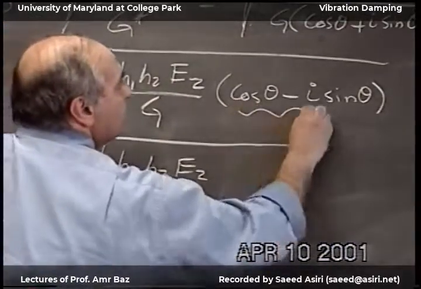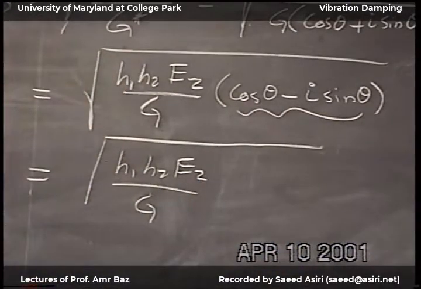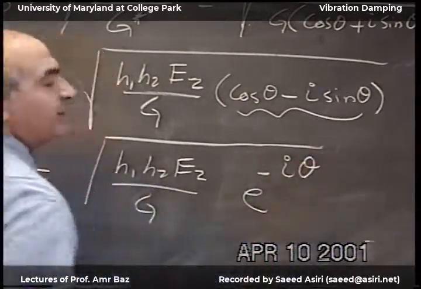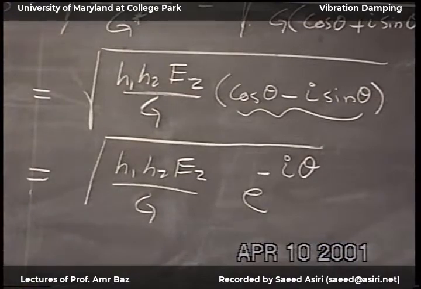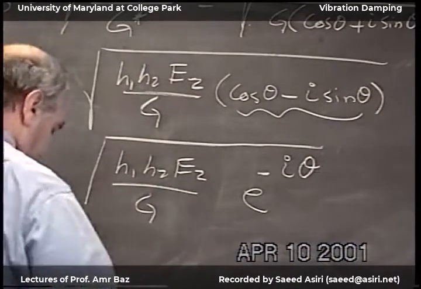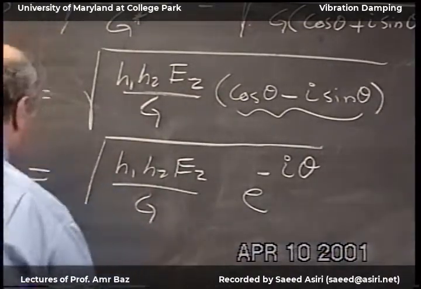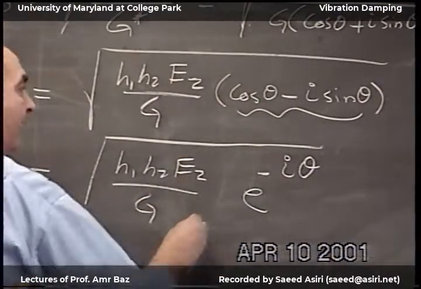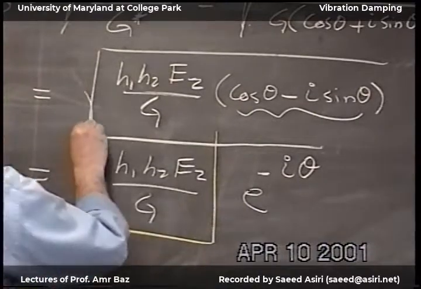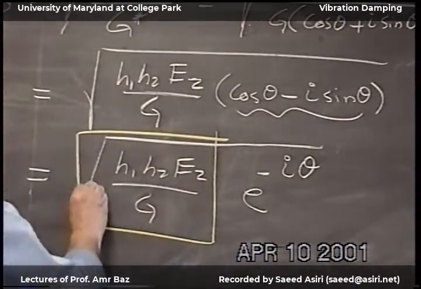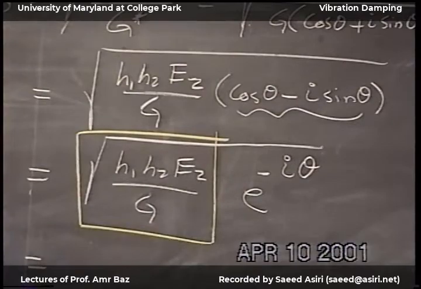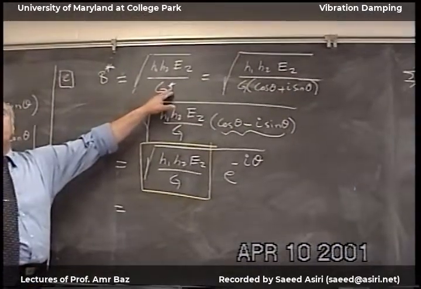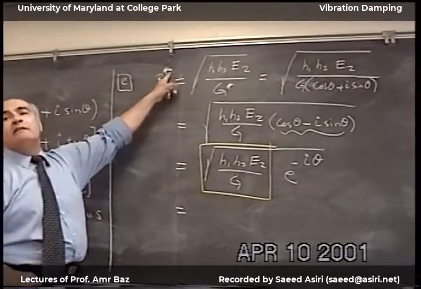And then this number now, I'll put it in exponential form. So this would be E to the minus I theta. And then now we can clean this. And I'm going to call this alone. Exactly like we have here. This is a complex number, so we call this B complex.